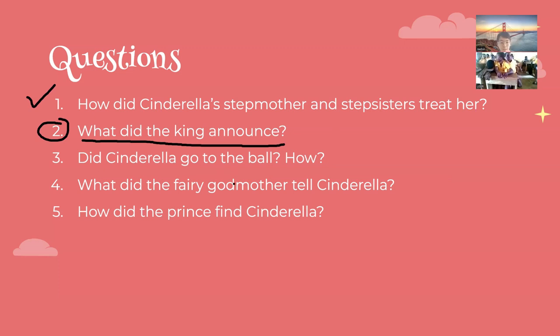Well, the king announced that at his palace there is going to be a ball, and a ball is basically like a party. So the king said there will be a party at his palace. That's what the king announced.